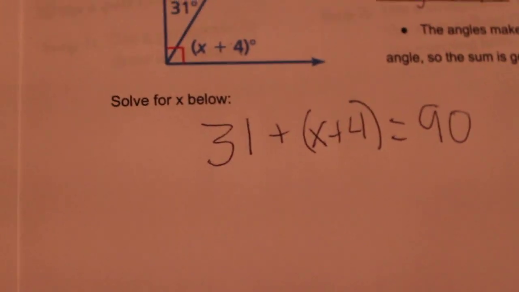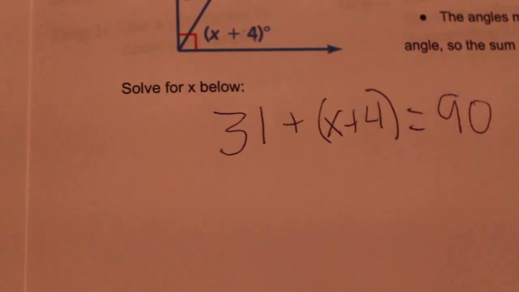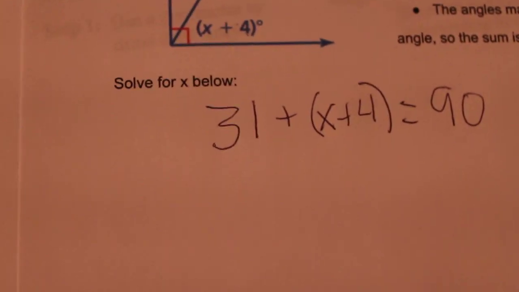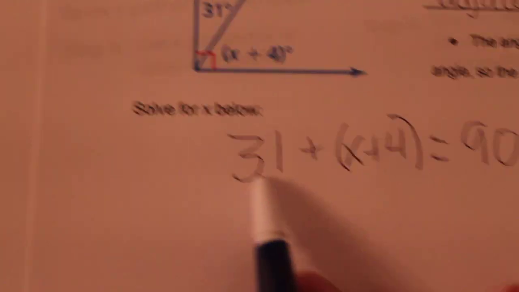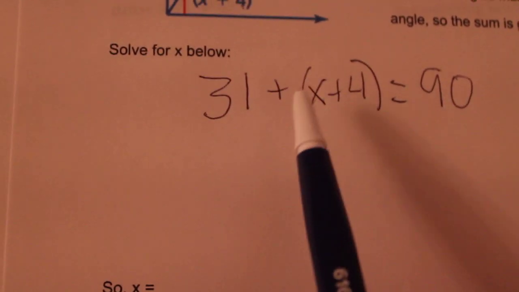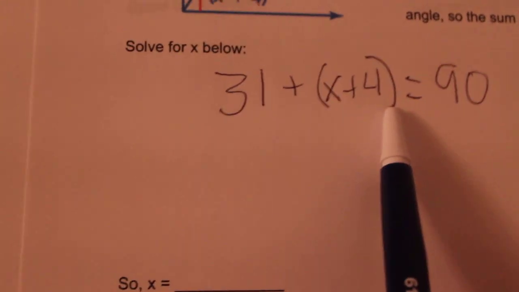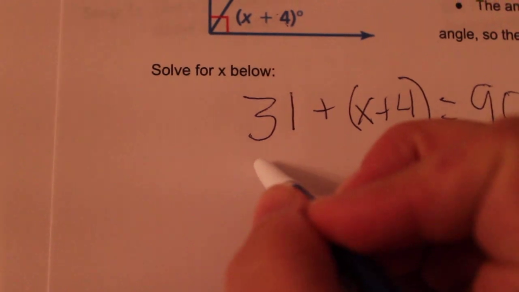Please take a moment to pause the video and solve this problem. Welcome back. Now we're going to go over this problem. We have 31 plus x plus 4. We know with addition that we can move these around. The order does not matter.